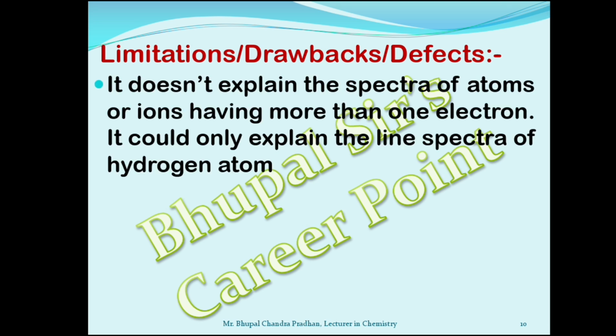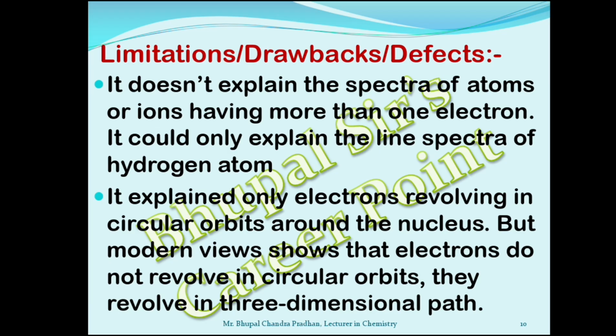It does not explain the spectra of atoms or ions having more than one electron. It could only explain the line spectra of the hydrogen atom. It explained only that electrons are revolving in circular orbits around the nucleus. But the modern view shows that electrons do not revolve in circular orbits.